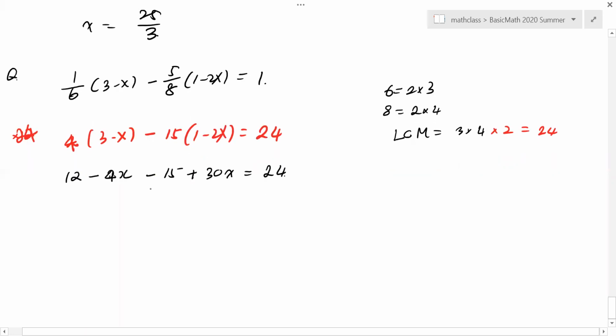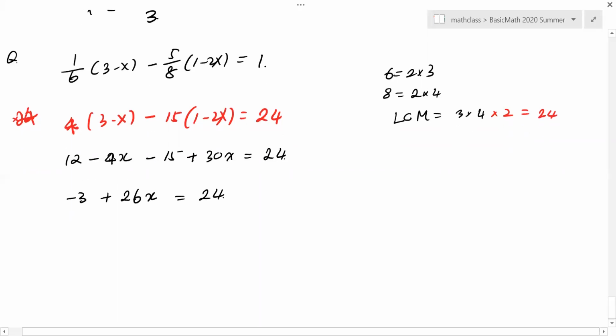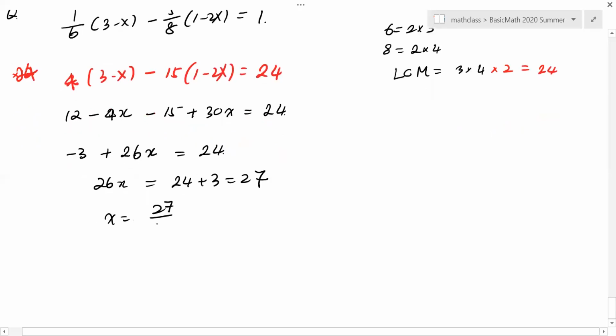Okay, we simplify the left-hand side. 12 minus 15 is negative 3. 30 minus 4 is 26. Then you add 3 to both sides. So you get 27. Then finally, it's going to be 27 over 26. Done. Okay, this is our answer.